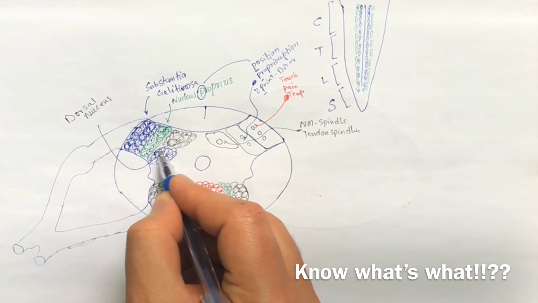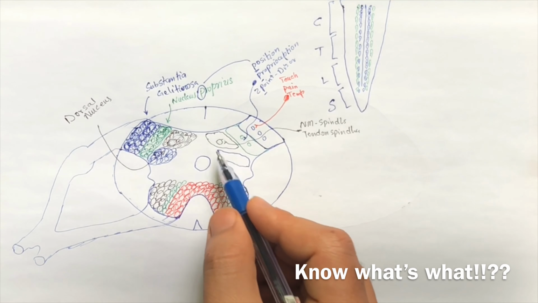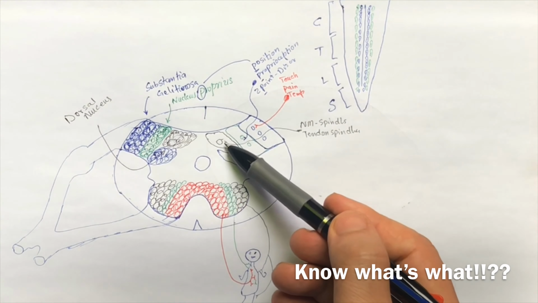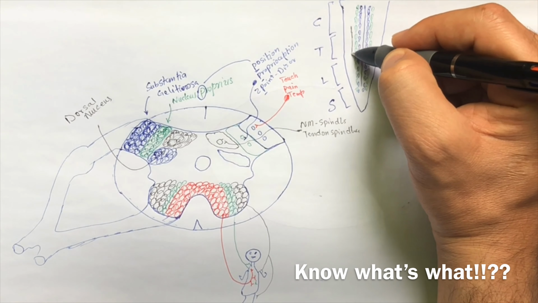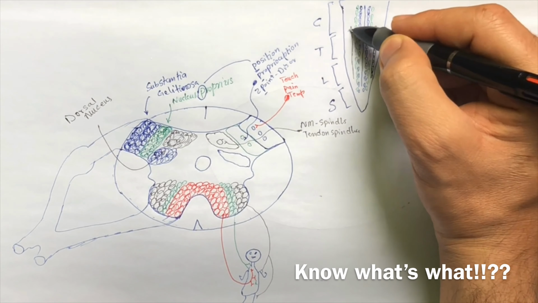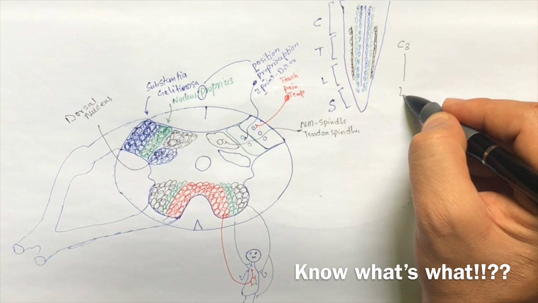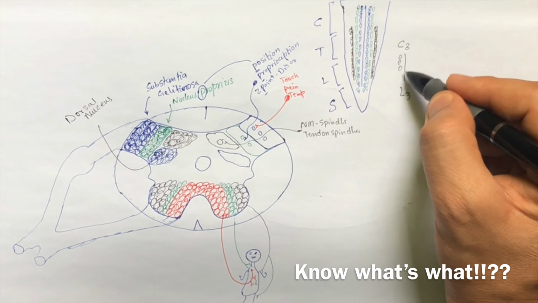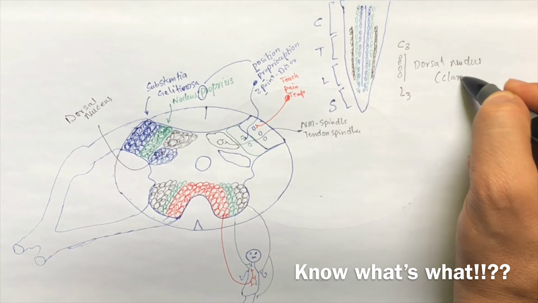And then lateral to it, we have the visceral afferent nucleus. Now, if we draw the dorsal nucleus here in the spinal cord, it extends from C8 to L3 or 4, right? So this is the dorsal nucleus, also called Clark's column.